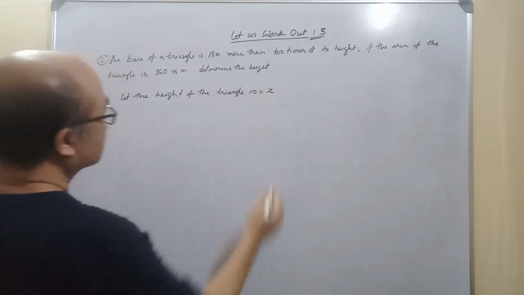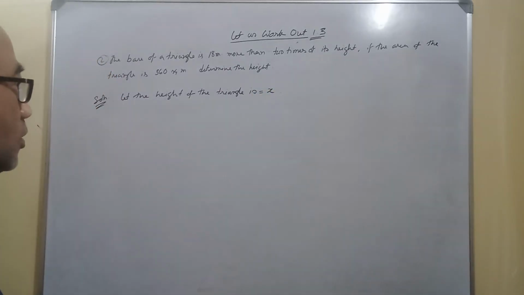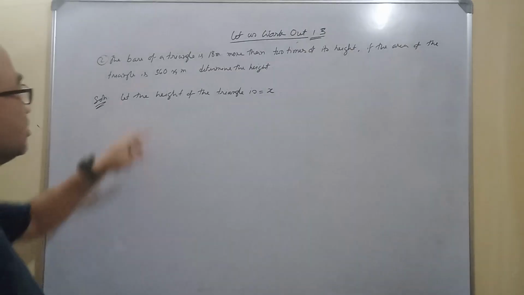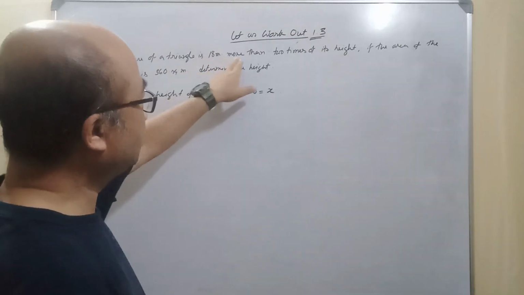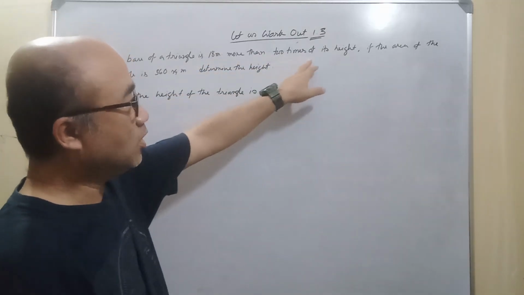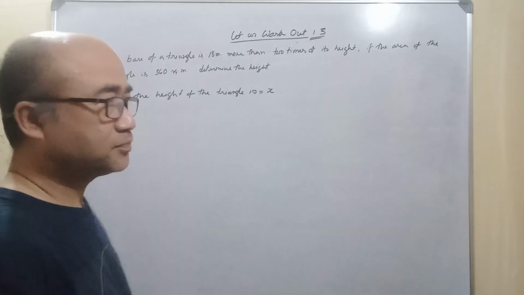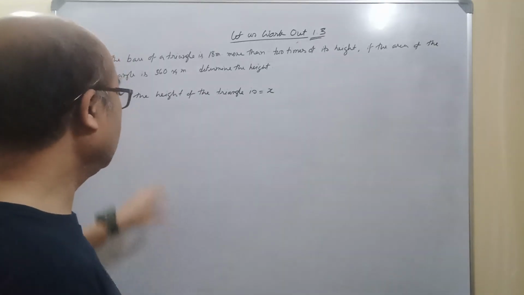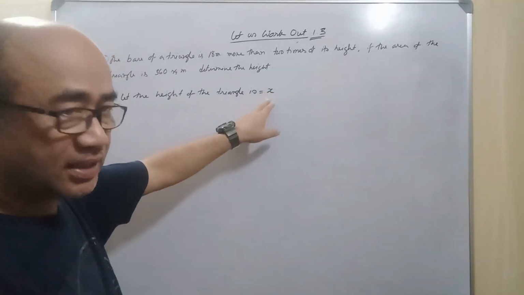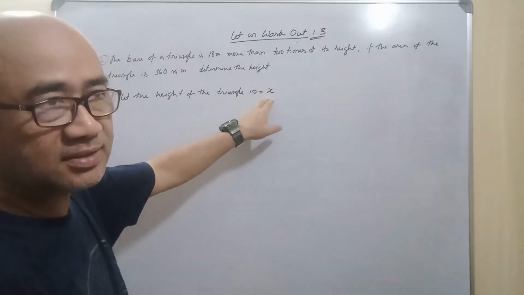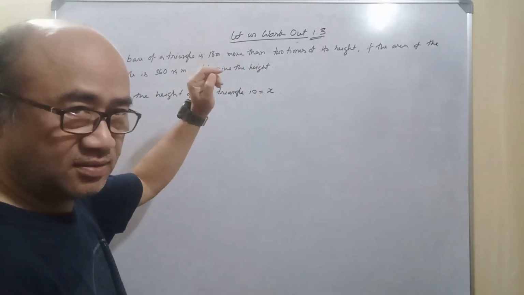Suppose the area of the triangle is x. Okay. And the base of the triangle is 18 meter more than 2 times its height. So if we assume that the height is x, then we can find the base.